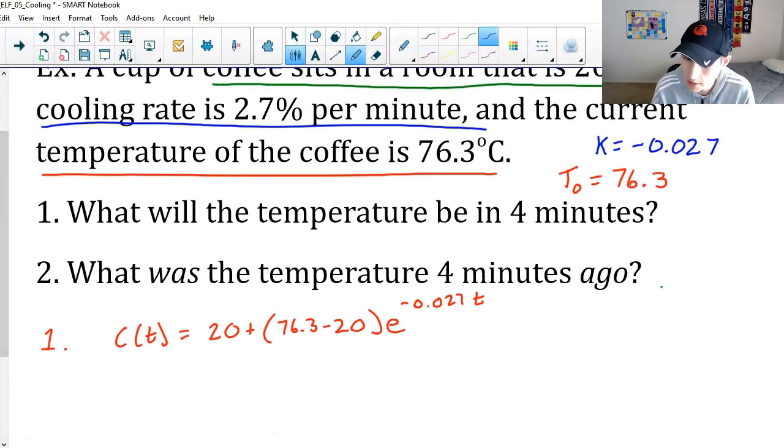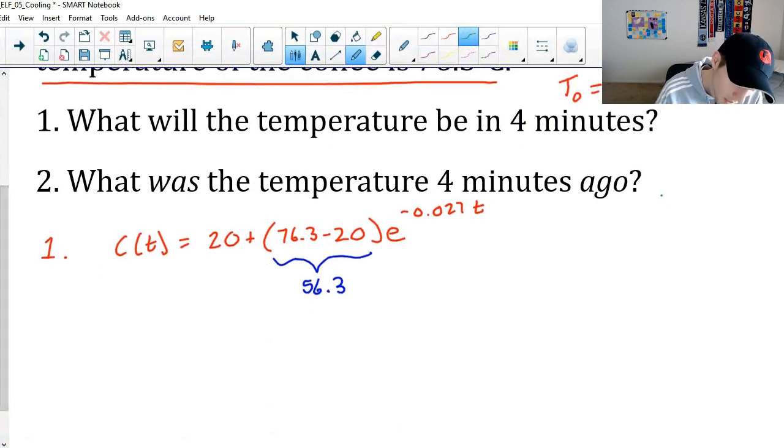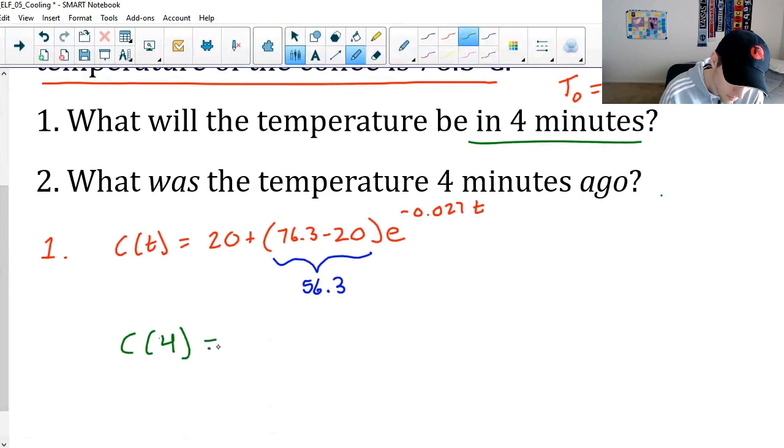Before I do anything else, I'm going to simplify this a little bit. 76.3 minus 20, I know it's 56.3. So if number one asks me what the temperature will be in 4 minutes, 4 minutes from now into the future means I will just plug in 4.